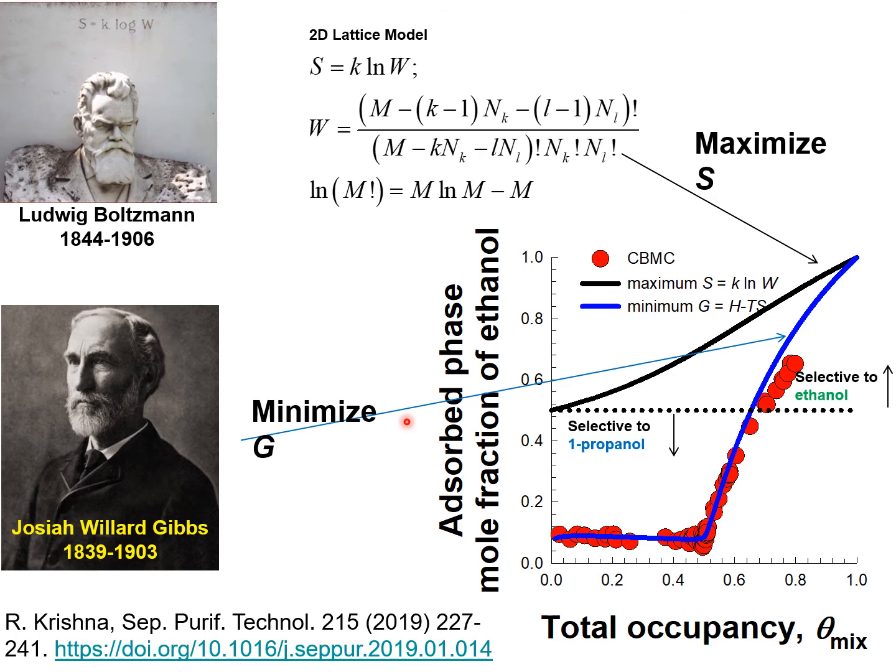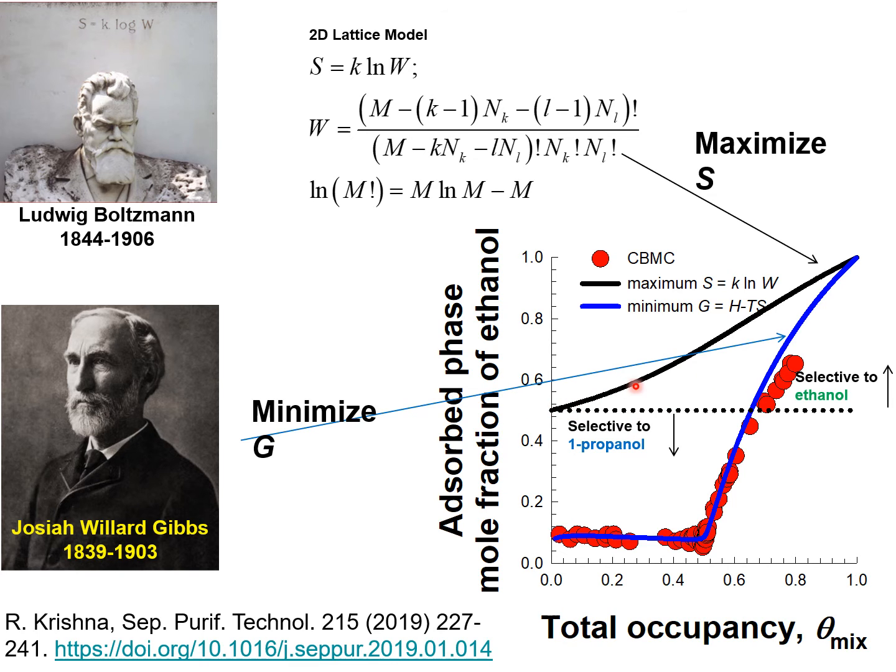In practice, we have to use the expression G equals H minus TS, and the equilibrium between the bulk gas mixture and the adsorbed phase mixture is dictated by the minimum in the Gibbs free energy, which combines the enthalpic contribution and the entropic contribution.